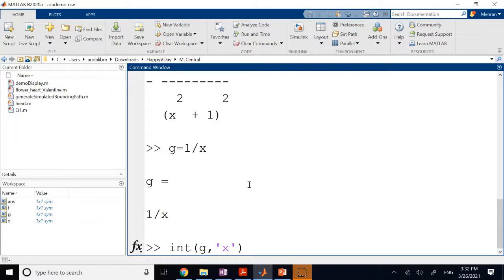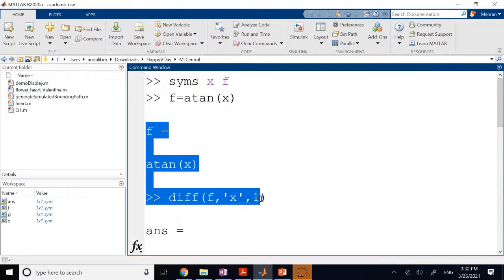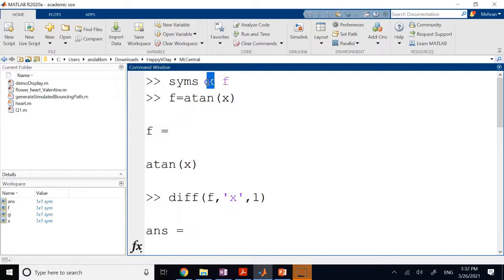Now let's talk about that. If you define a variable and now you create a new variable using an assignment as a function of that symbolic variable, should you ahead of time define that as symbolic? The answer is no. I don't have to. For the f, I did not have to. I just wanted to show you different ways.